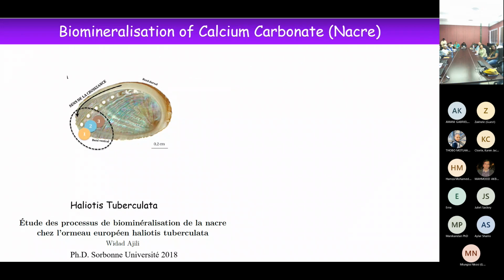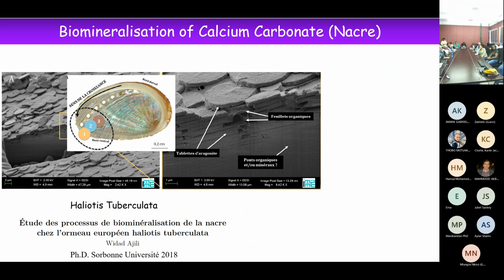One key point in calcium carbonate studies is biomineralization. And typically, if you look at what's going on in a shell like this one, you will find out that the calcium carbonate is made of a very fancy architecture where you have, in the calcium carbonate, some organic materials which guide the growth of the calcium carbonate, and in this case, it's aragonite.